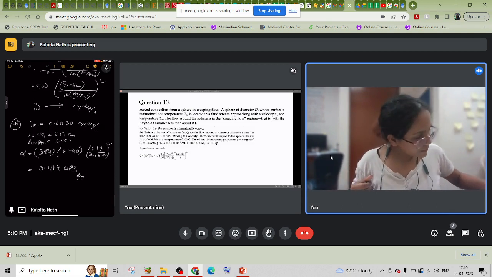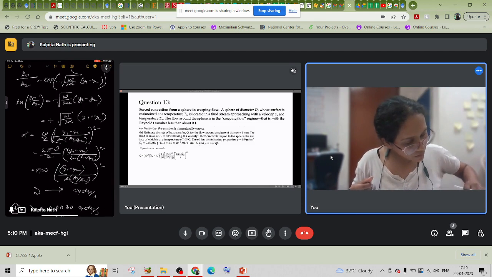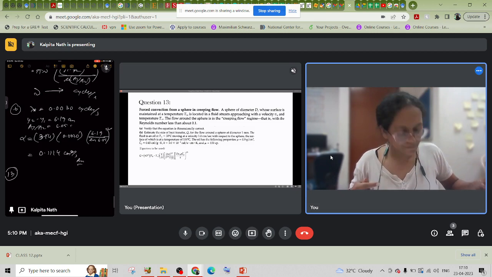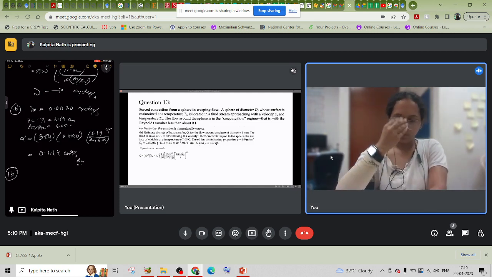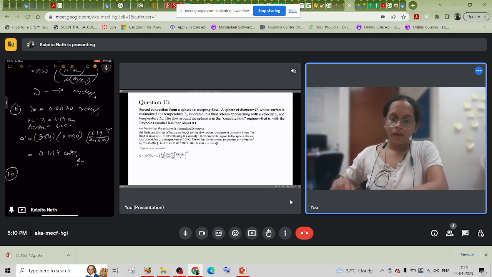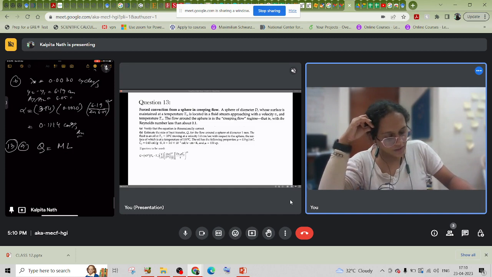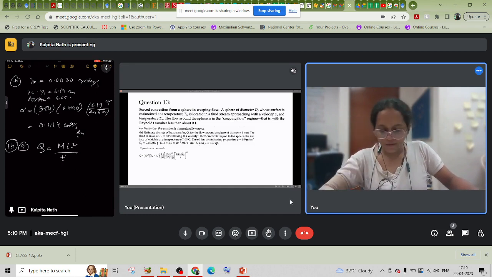So let us proceed with the solution of the last question, that is question number 13. First we have to do the dimensional analysis on part A. For Q, the dimension is ML squared T cubed, that is time cubed.